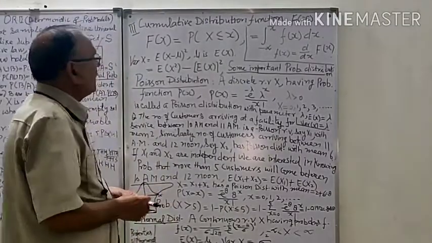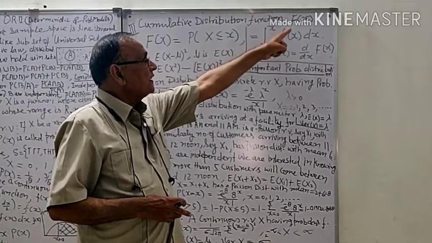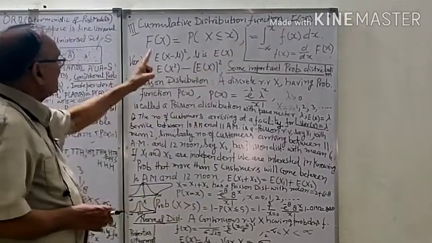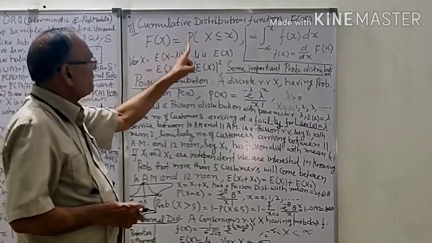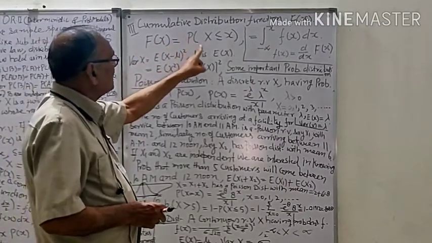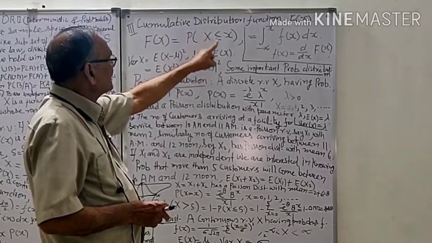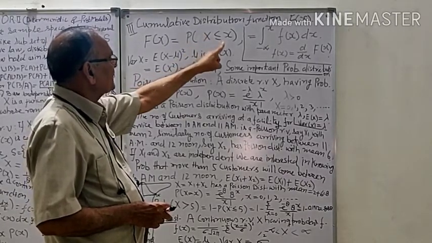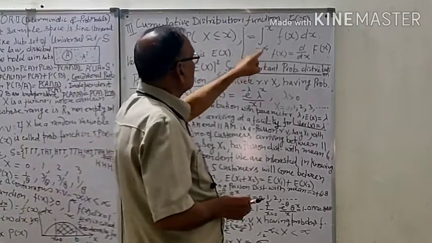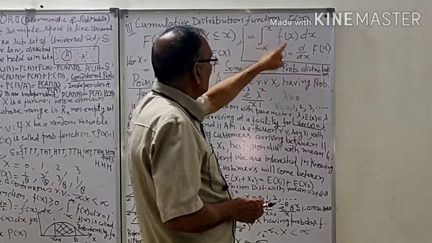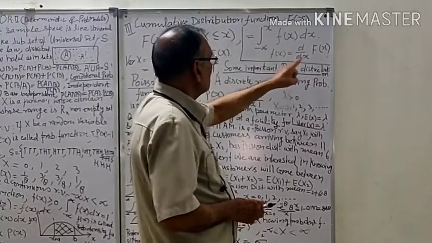And it is always designated by using capital letter F, and this Fx is equal to the sum of all probabilities, x less than or equal to small x. And in case of continuous random variable, it is minus infinity to x fx dx.